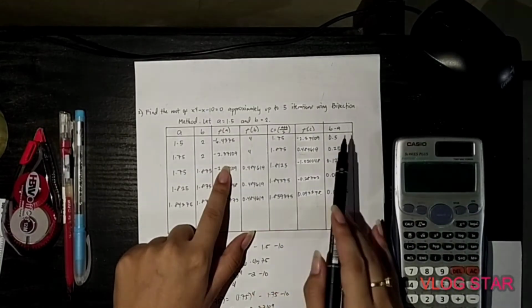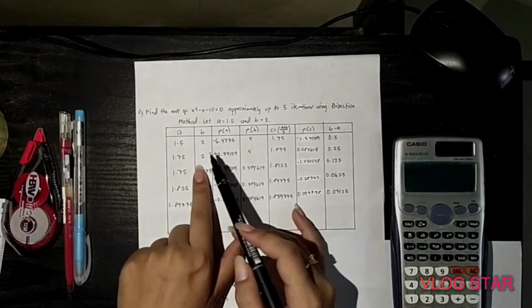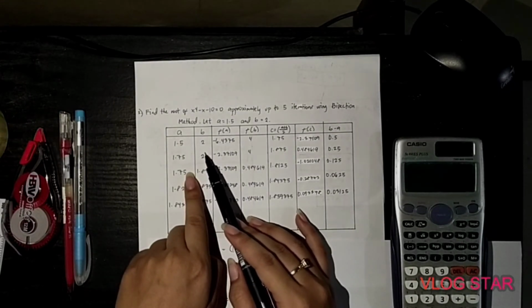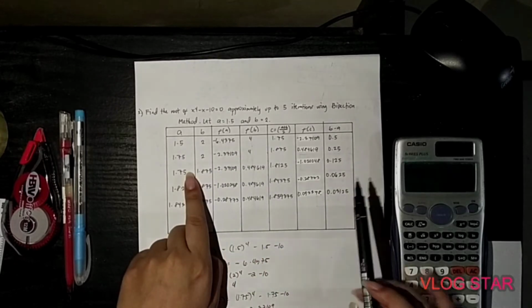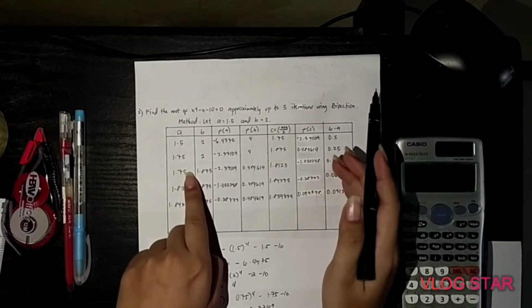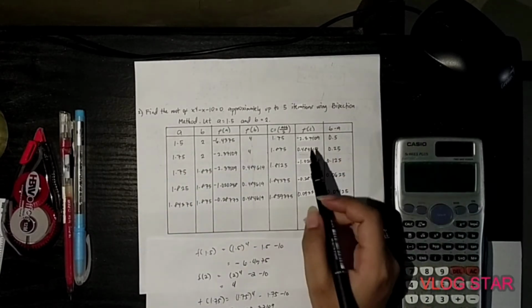And find the difference between b and a, so simply subtract this 1.75 from 2. So you're going to get this 0.25. And now we are in the second iteration, and we have the positive value.